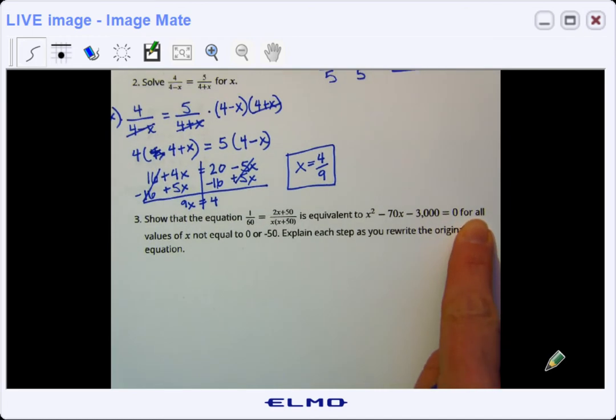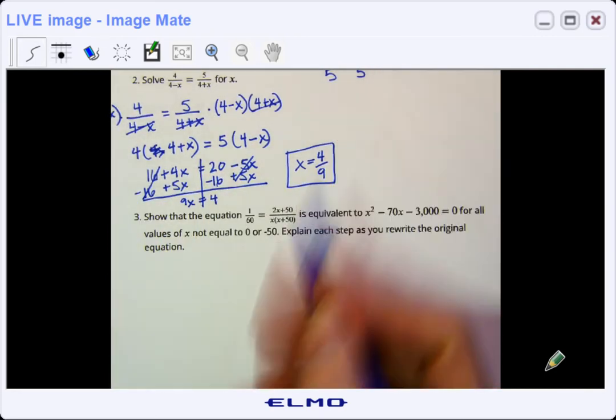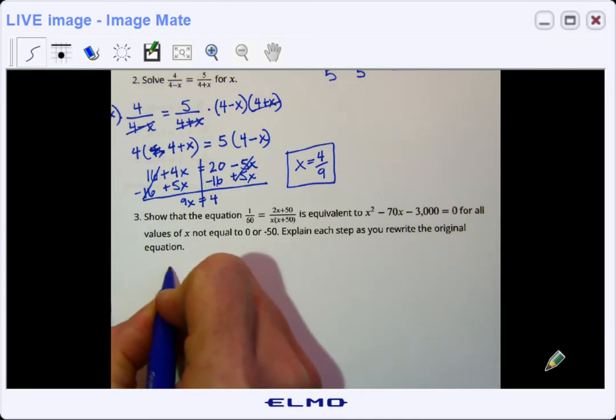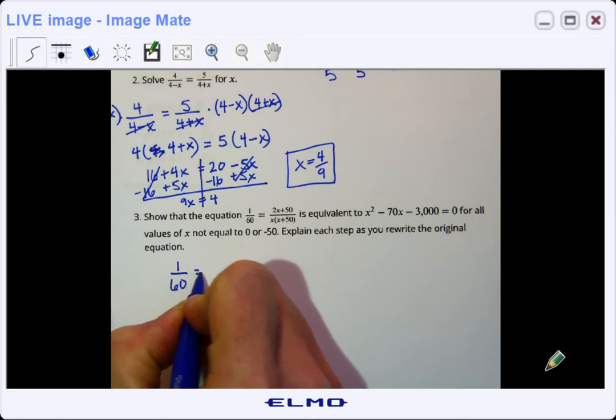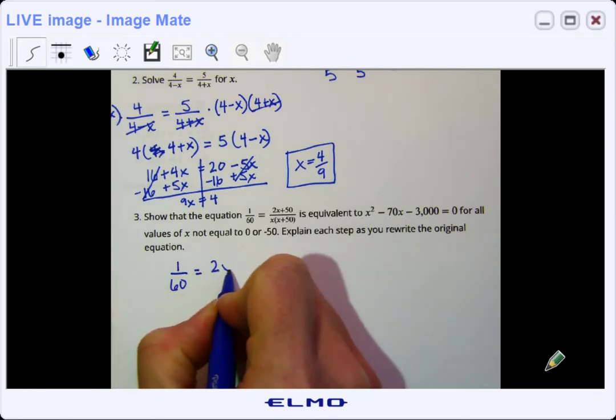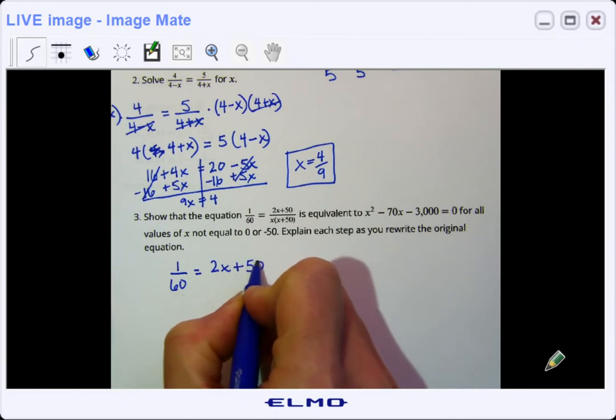So I'm just going to do some rearranging, really, to do this. And I'll start with that first step that we've been doing on number 1 and number 2. I'm going to get rid of both of the fractions in the problem by multiplying both sides of the equation by the denominators.